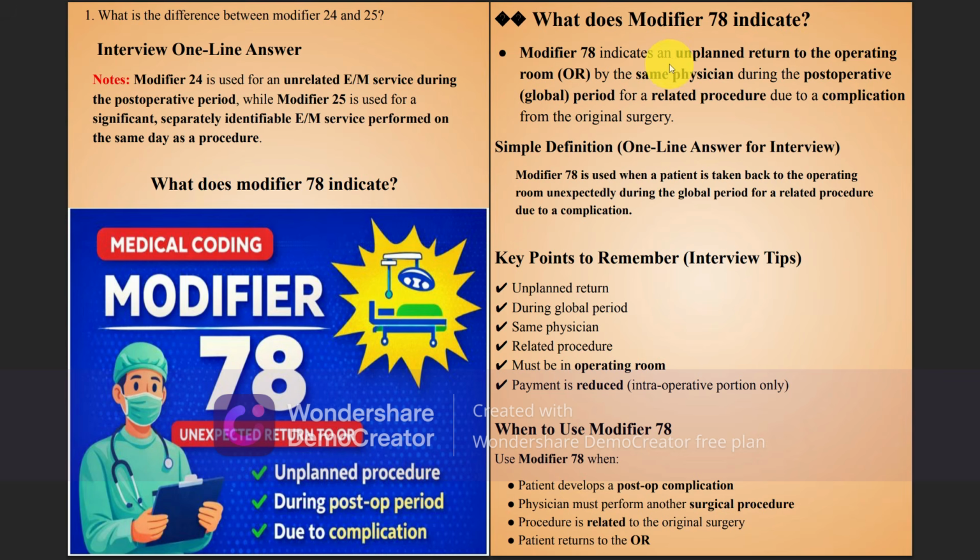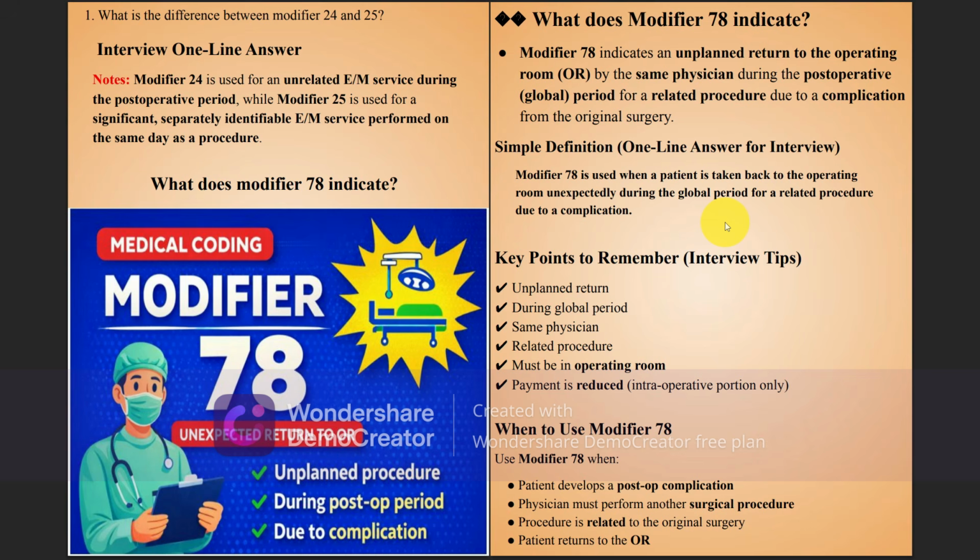Modifier 78 indicates an unplanned return to the operating room by the same physician during the post-operative global period for a related procedure due to a complication from the original surgery. Simple definition, one line answer for the interview.